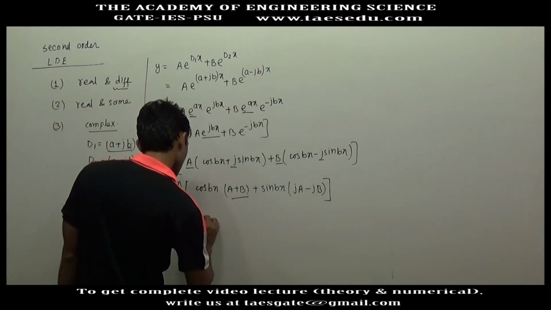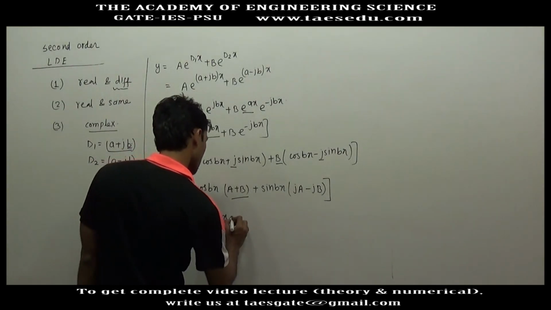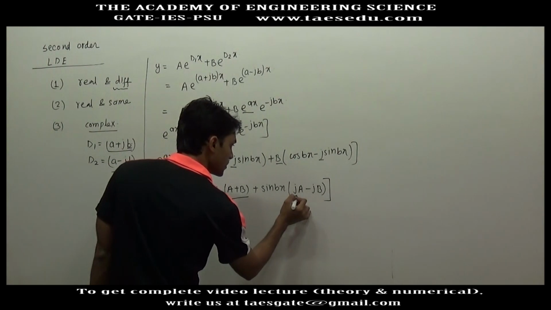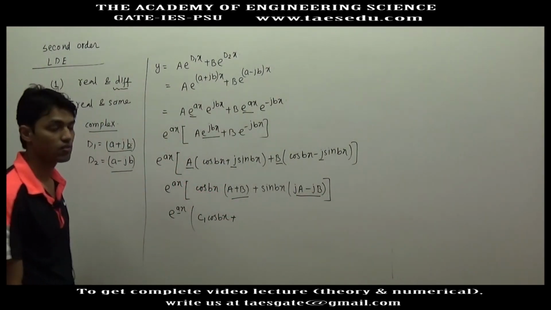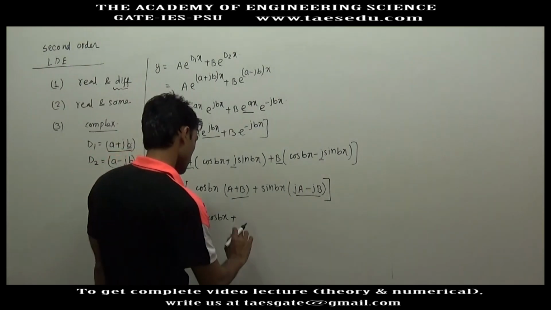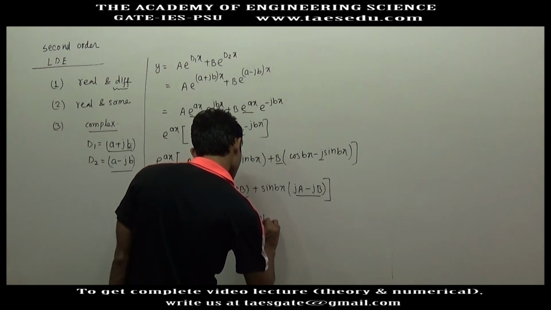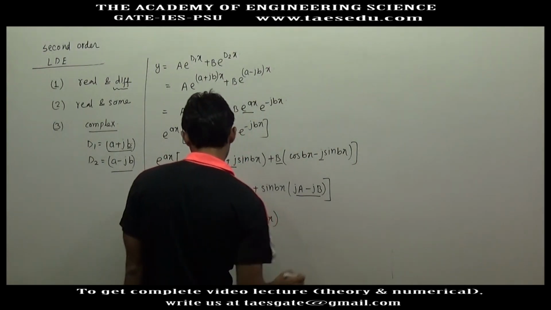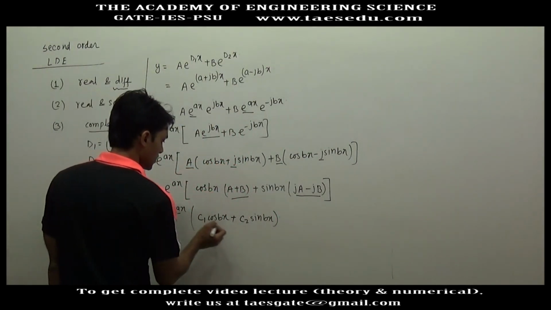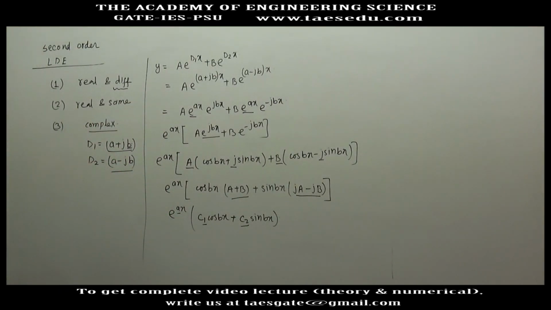So let's say this is c1 cos bx, plus j(a minus b) will make another constant. Although this will be imaginary, this is also a constant, c2, into sine bx, where c1 and c2 are the constants of the general differential equation.